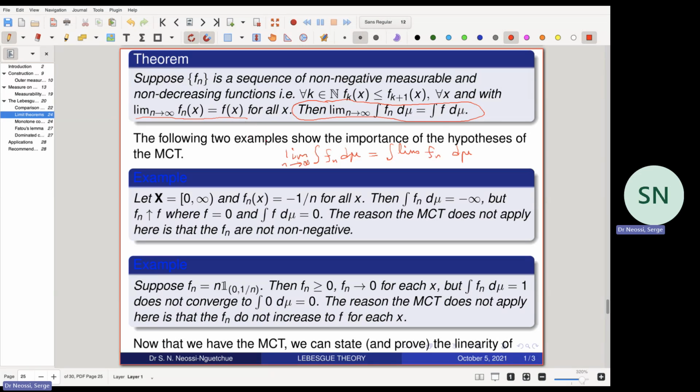Okay, as an example, if you take X to be the interval [0, infinity), and fn(x) is -1/n for all x, then the integral of each fn will give us negative infinity.